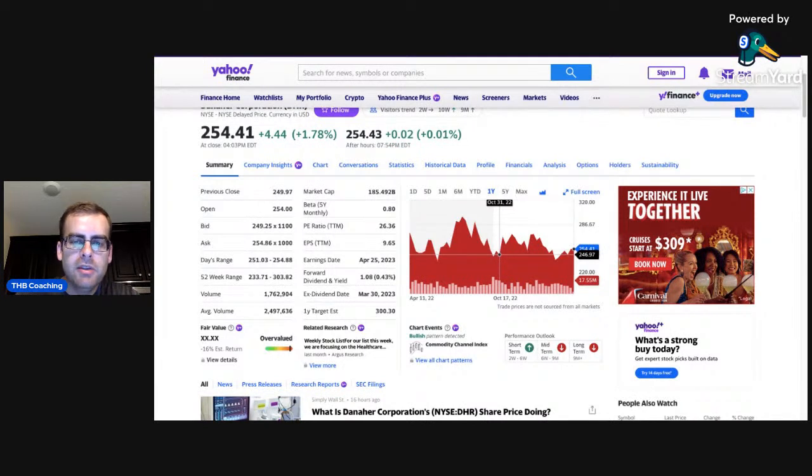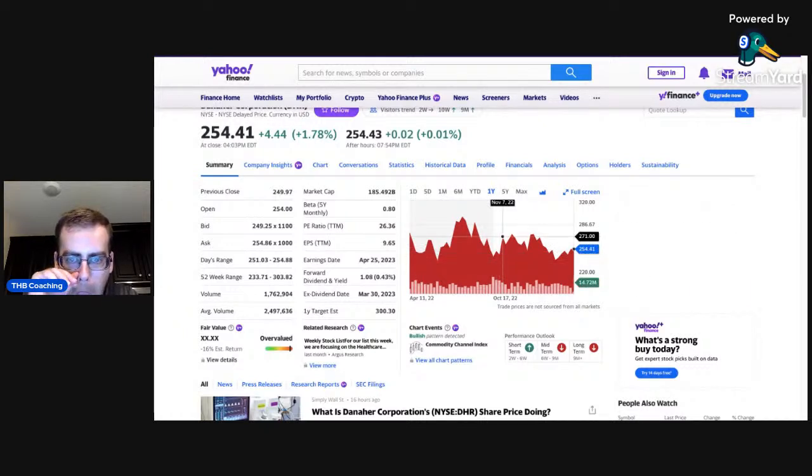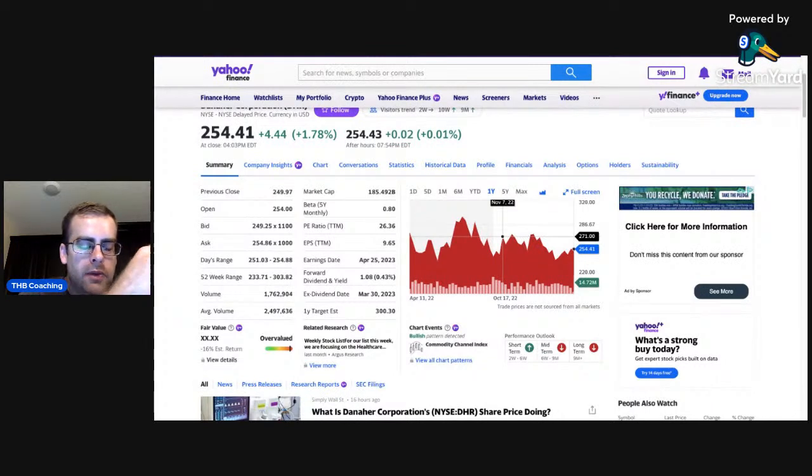Look at this one. So October 31st, Halloween, it went up from 247 to 271. So that was a $24 move. I know it was about a $7,000 gain.